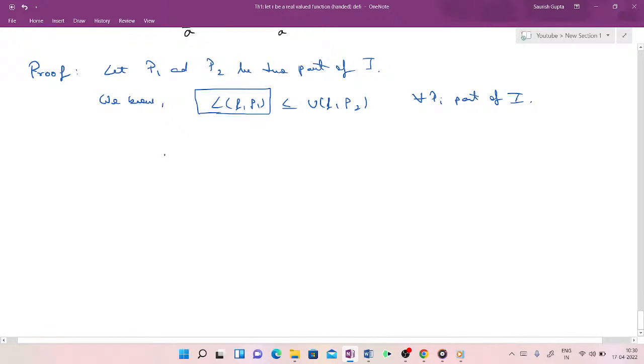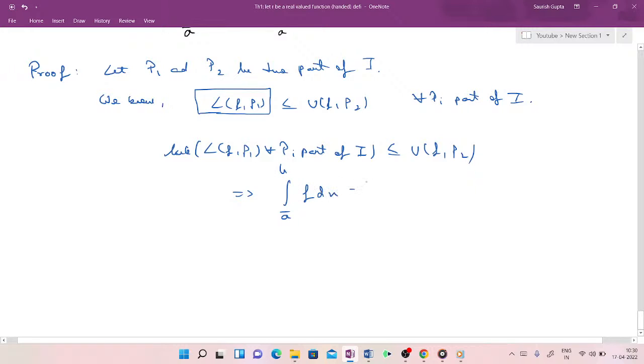So we can write that this implies LUB of L(f, P1) for all partitions P of I is less than or equal to U(f, P2), which implies the lower Riemann sum of the function is less than or equal to U(f, P2), right? This much is clear.